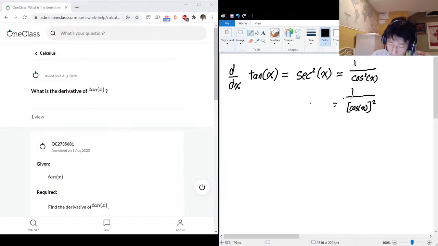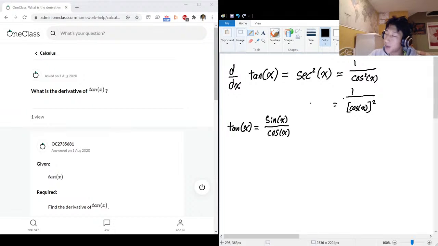An important thing to know about tan is that tan of x is equal to sine of x divided by cos of x. That is a pretty fundamental trigonometric identity that you're going to want to know.